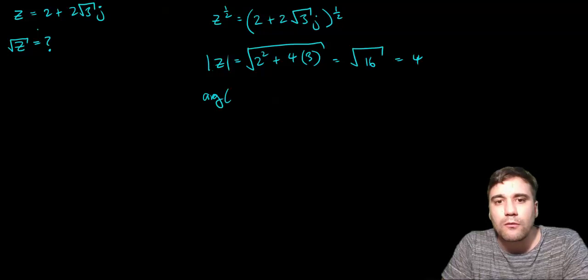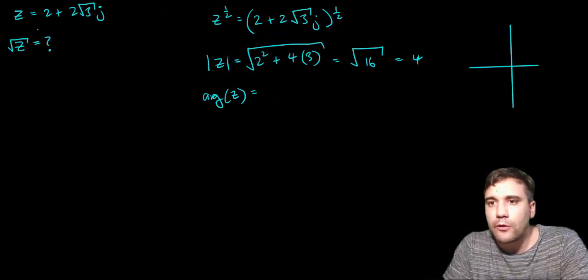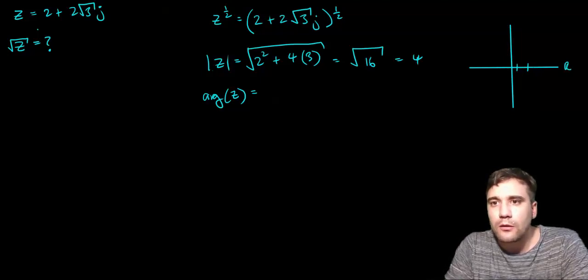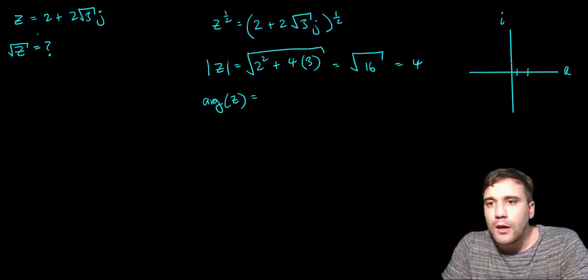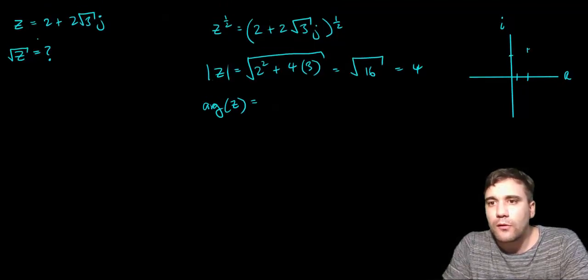So the argument of z, which is just the angle, is going to be, well, before we do this, remember we should always check what quadrant we're in. So we've got 2 in the real, and we'll call that the imaginary, and 2 root 3. So somewhere up here.